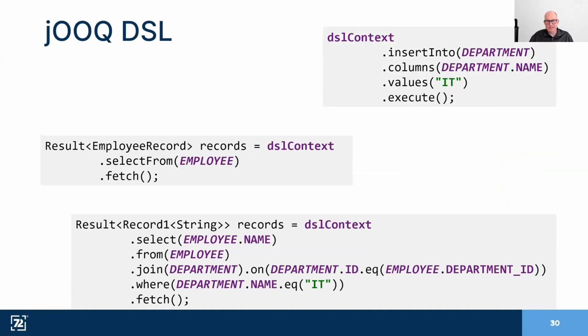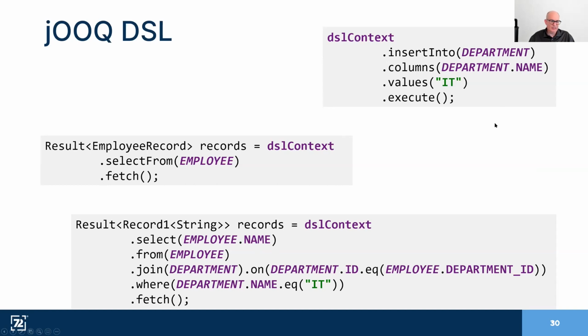And what you can do with that is execute type-safe SQL, because the DSL allows you to use SQL statements, or it looks like SQL, or the DSL follows SQL. All the things that we can see in uppercase are constant names, for example, the table name or the name of the database column.